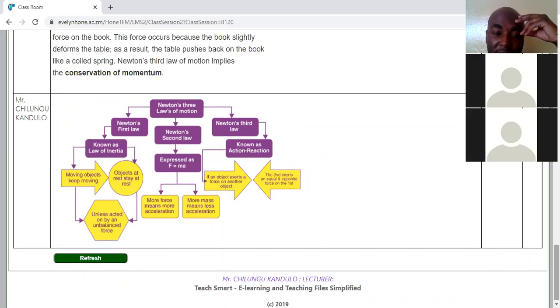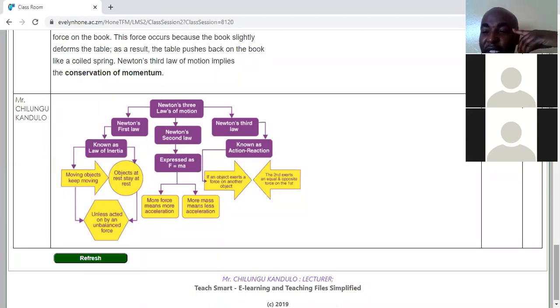It's also known as the law of action and reaction. The first law is called the law of inertia. The second law also has a nickname, the law of acceleration, because the second law is about acceleration.